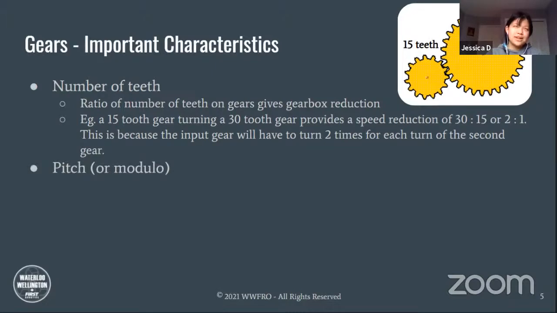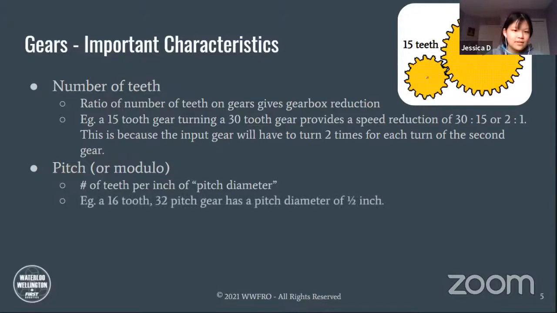Another characteristic that you'll see often is the pitch or module. The pitch can be defined as the number of teeth per inch of pitch diameter. And pitch diameter is a predefined almost circle or diametral position on the gear, which I'll show you in an image shortly.